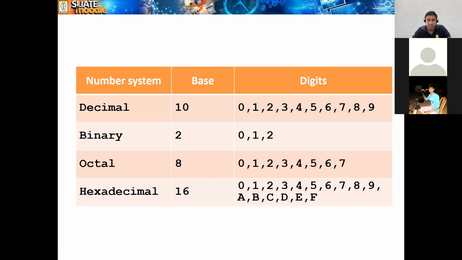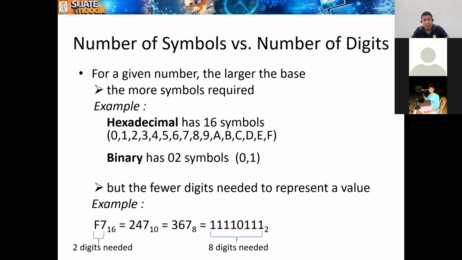Okay, so these are the possible numbers. Number of symbols and number of digits. Yeah, for the given numbers, the larger the base, the more symbols required. So hexadecimal has 16 symbols and binary only has 2 symbols.